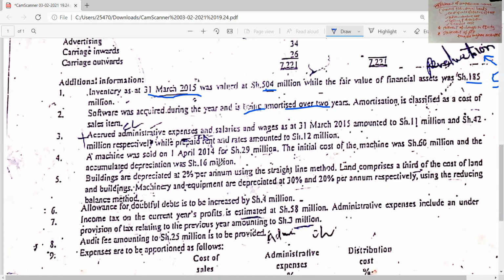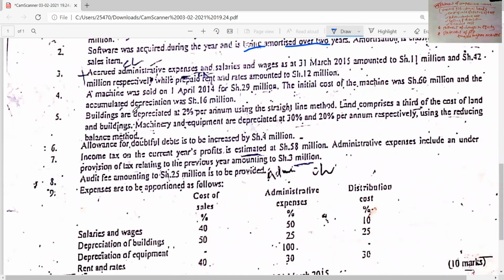So since a machine has been disposed, we need to find out if we got a gain or went into a loss. So we have to do a disposal account to determine gain or loss on disposal of the machine.